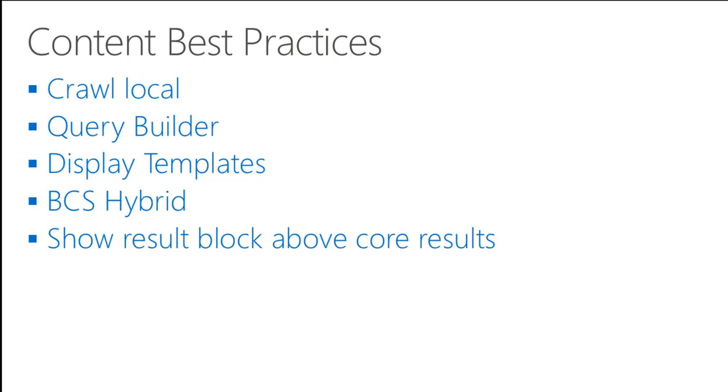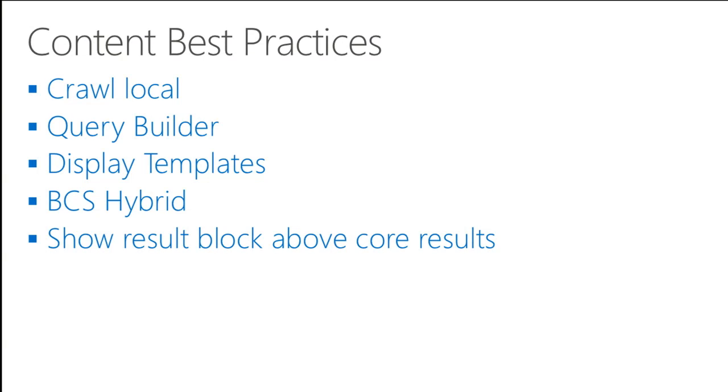We mentioned BCS hybrid up here just because it could be a point of confusion. With BCS hybrid, you're in the online version, and you see an external result, which is your on-premises database. To clarify, the content is still on premises, so when you're crawling online, although it's an external search and external list and you can see it there, it's not actually going to be crawled.